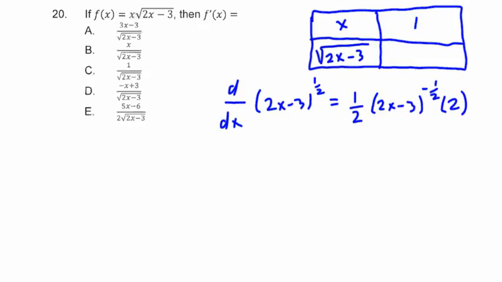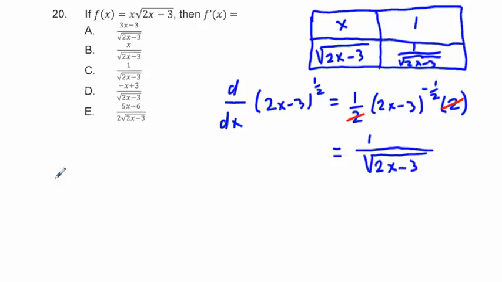Well, the 2 over 2 are going to cancel each other, and so what we're left with in radical form is 1 over the square root of 2x minus 3. Not tremendously legible. We'll just keep on going here.